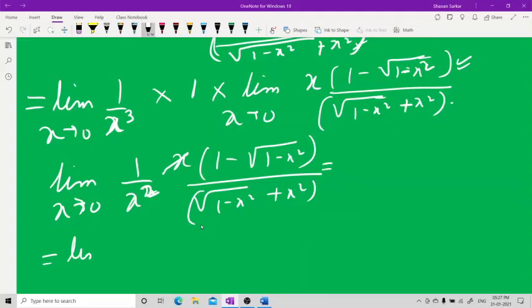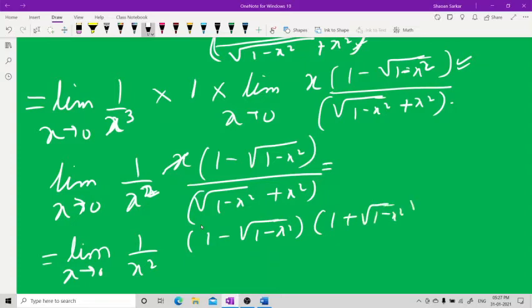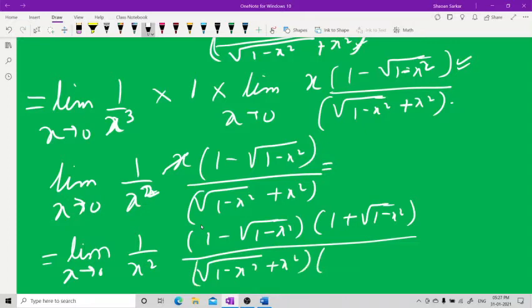So now, limit x tending to 0, 1 upon x square. So this is 1 minus under root 1 minus x square into 1 plus under root 1 minus x square upon under root 1 minus x square plus x square into this one, 1 plus under root 1 minus x square. Now this is a minus b and this is a plus b.